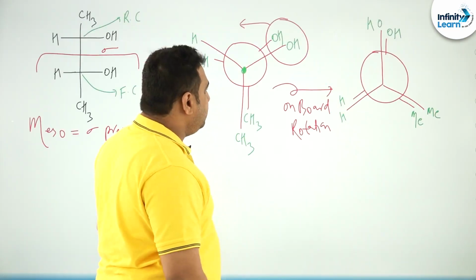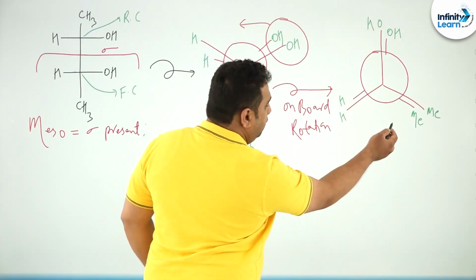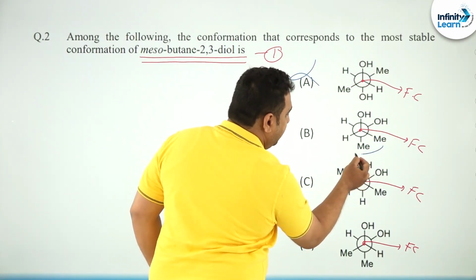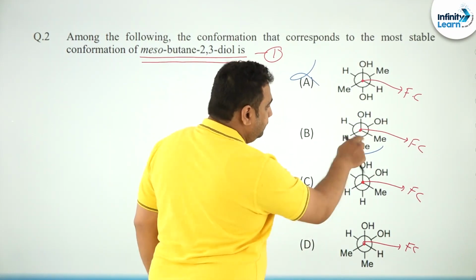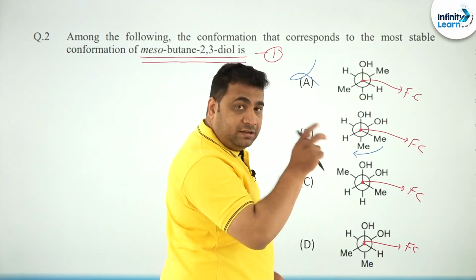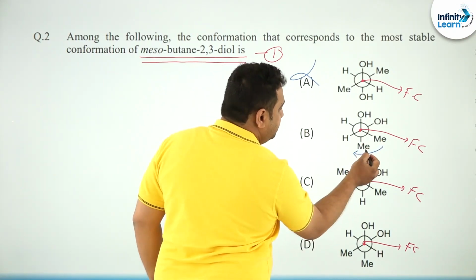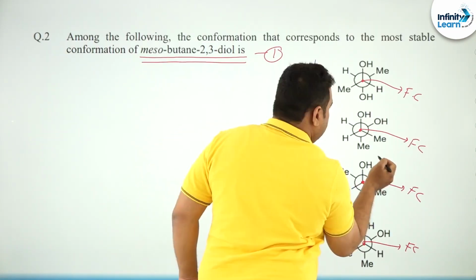If you come back to this question and focus on this structure carefully, if you bring methyl close to methyl, can you see? Rotate the rear carbon. If you push this methyl there, you will get this structure.